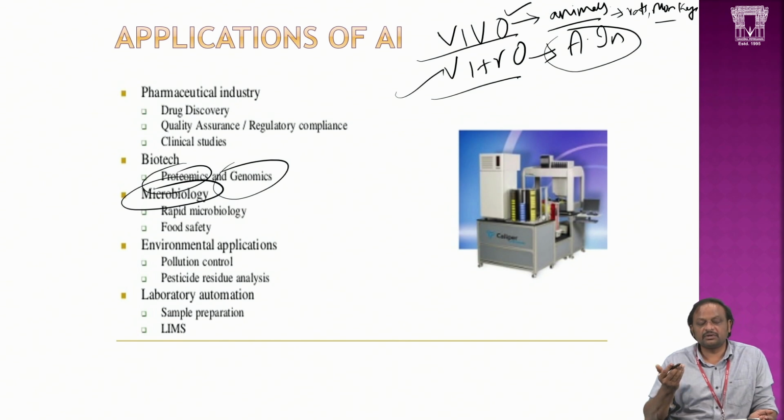If you look at food safety, there are several foods coming into the market, like packed foods and processed foods. All those can contain a lot of preservatives. So how do people know how much preservative is inside that food? How do we know that?